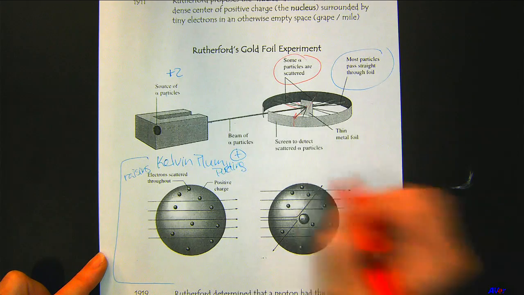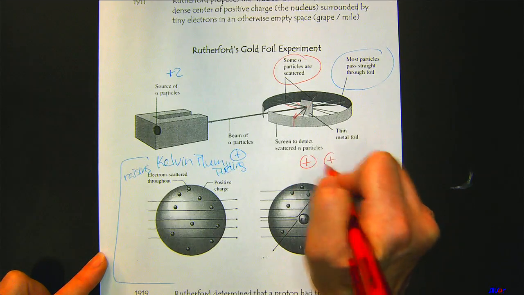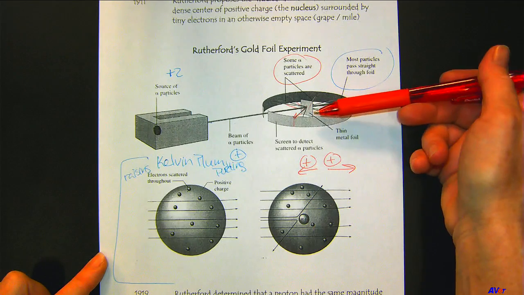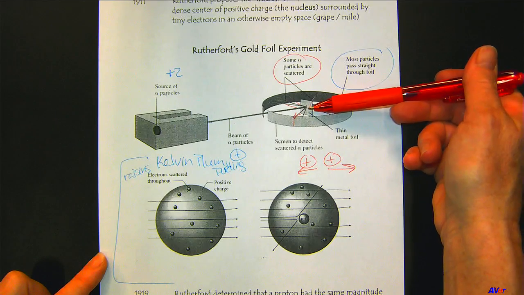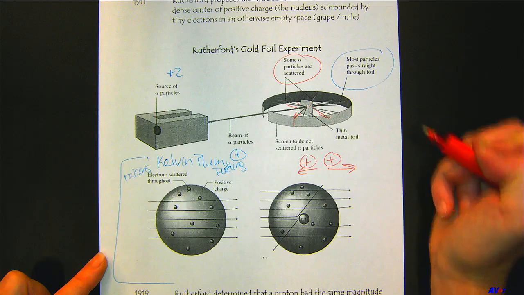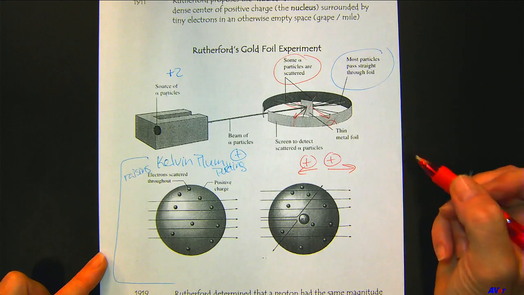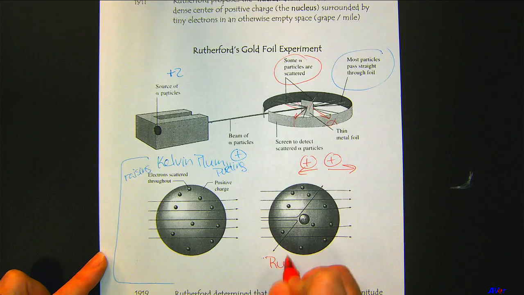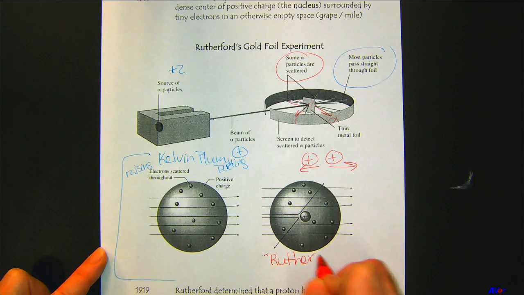So remember, if we have 2 positive charges, they repel each other. So what Rutherford observed was that there was localized positive charge causing these alpha particles to reflect or be deflected. And that led to Rutherford's nuclear atom.